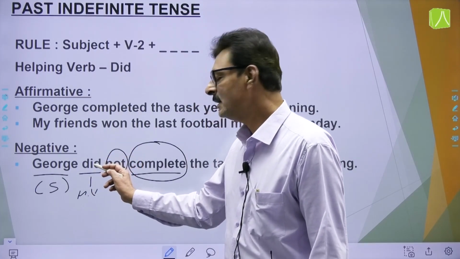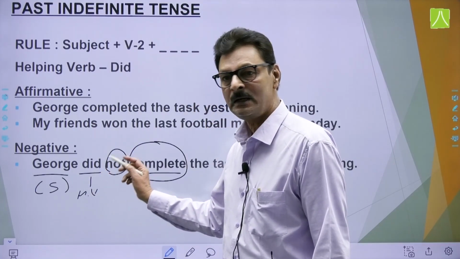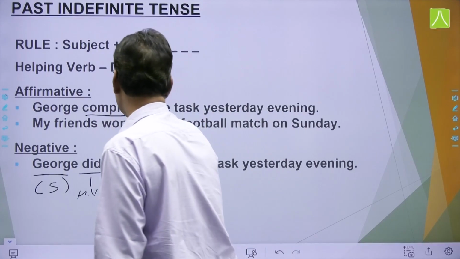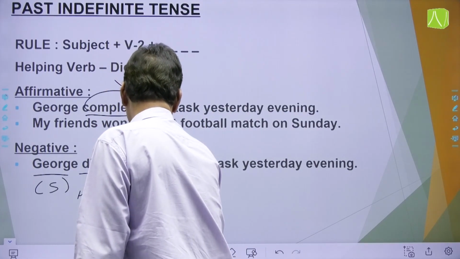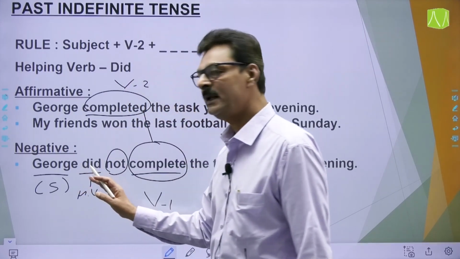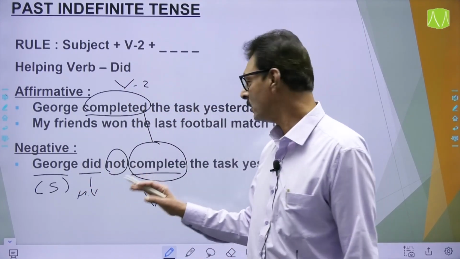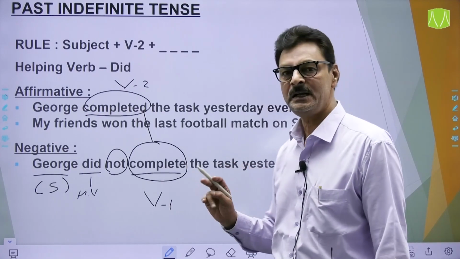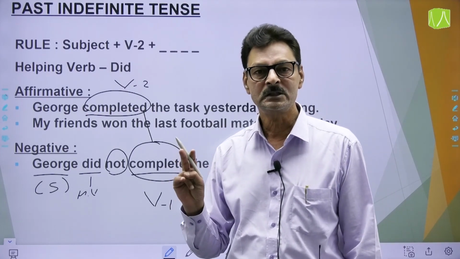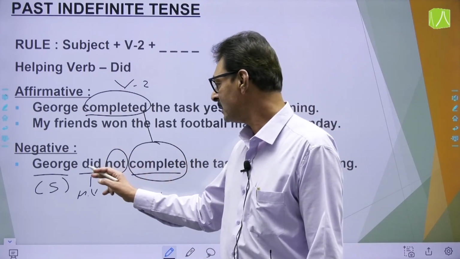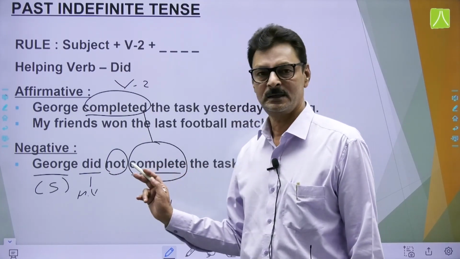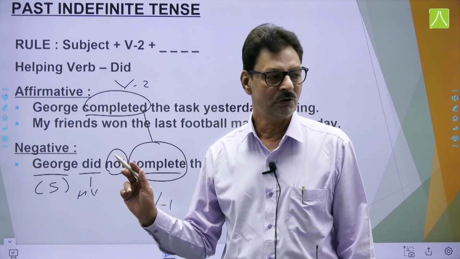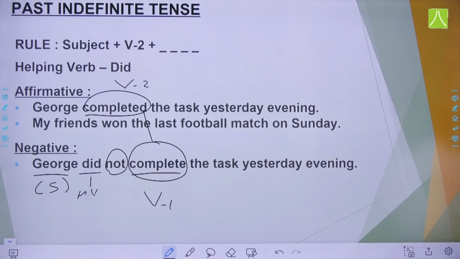As soon as the helping verb did लगता है, the form of the verb यहाँ पे जो second form था, here it was a second form of the verb, it will change into the first form of the verb. Don't make the sentence as George did not completed the task yesterday evening. This is a wrong statement. The correct statement is George did not complete the task yesterday. So did के बाद always the first form of the verb.